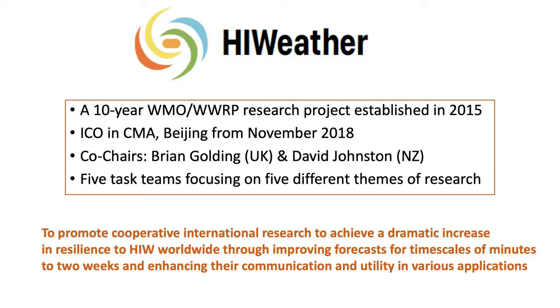There are 5 task teams focusing on 5 different themes of research. The overarching goal for the project is to promote cooperative international research to achieve a dramatic increase in resilience to high-impact weather worldwide through improving forecasts for timescales from minutes to 2 weeks and enhancing their communication and utility in various applications.